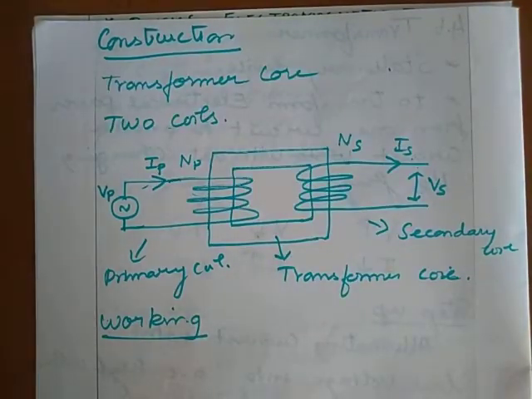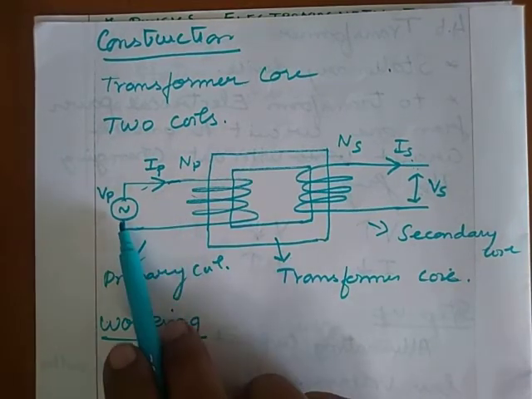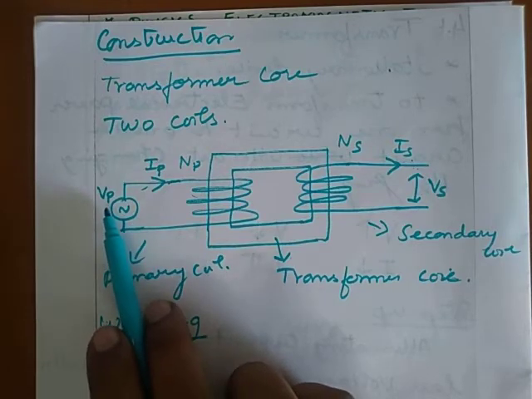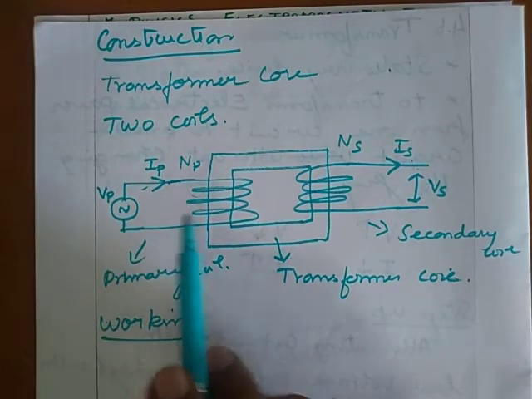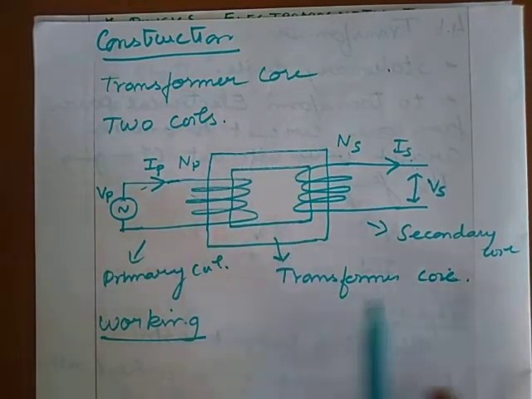Then let me explain the working of this transformer. If the primary coil is connected to the alternating source or alternating voltage, that is VP, then magnetic flux is set up in the transformer core.